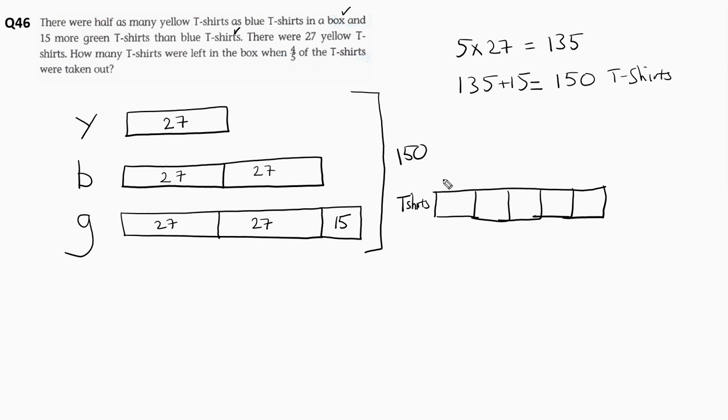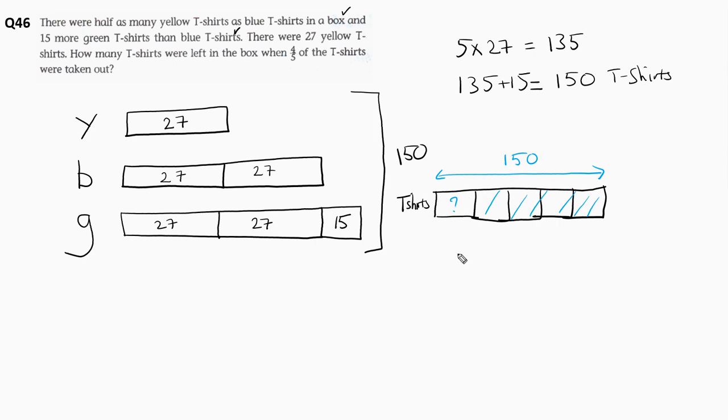Okay, we know that there are 150 all together. And it says how many t-shirts were left in the box when 4/5 were taken out. So if 1, 2, 3, 4/5 are taken out, this is our question mark. This is what we want to know. We want to know 1 of the fifths.